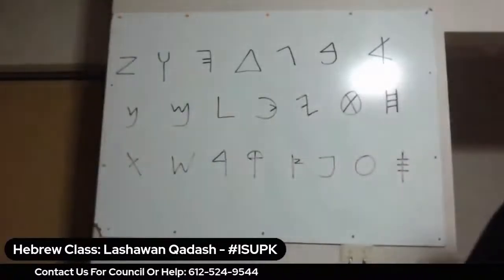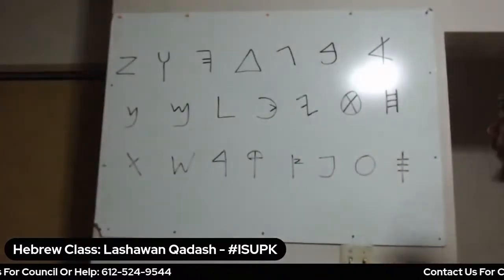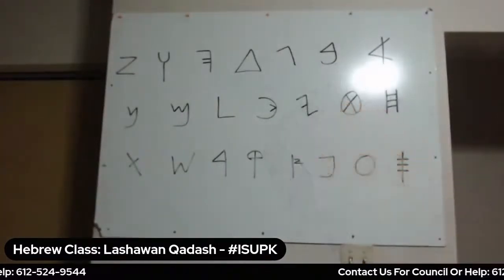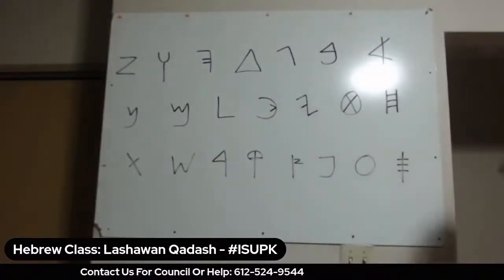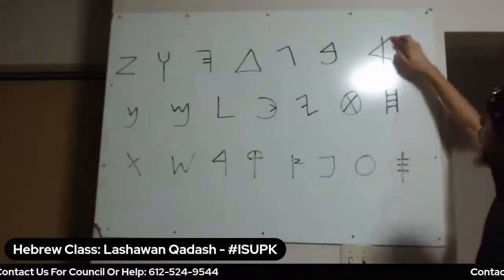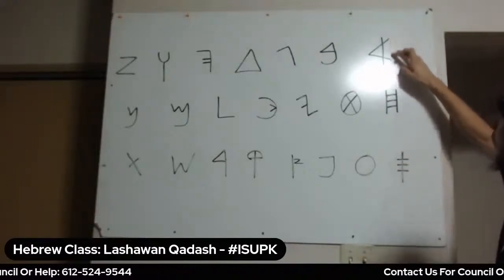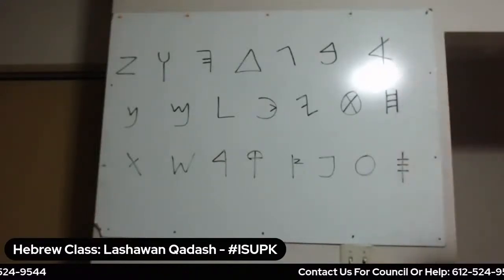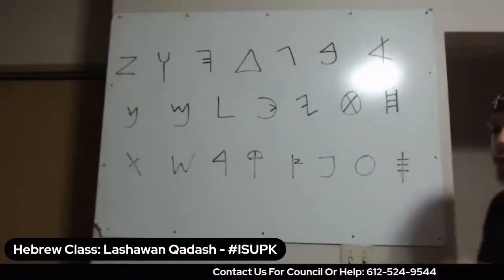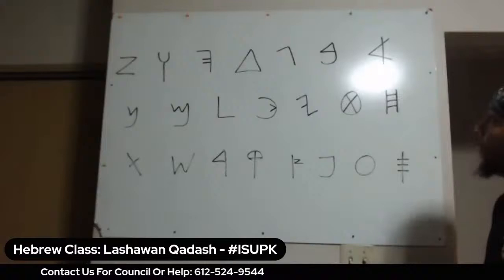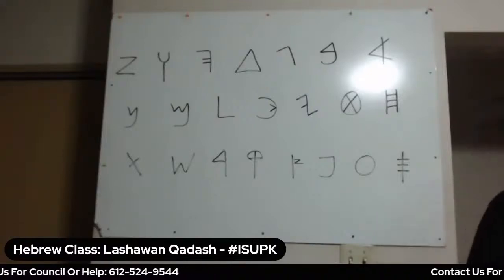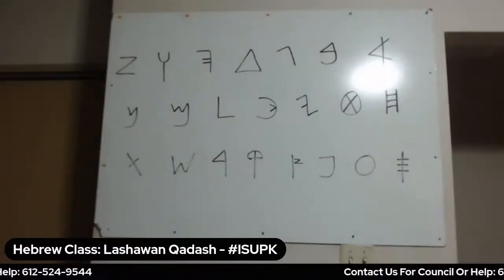Just like any language, we have letters, and we have to identify and know what the letters are in this language. Once again, this is ancient Paleo Hebrew. And this is the language for so-called Black Hispanics and Native Indians, or so-called Negro, Latino, or Natives. We are 12 tribes under one nation, which is the nation of Israel.